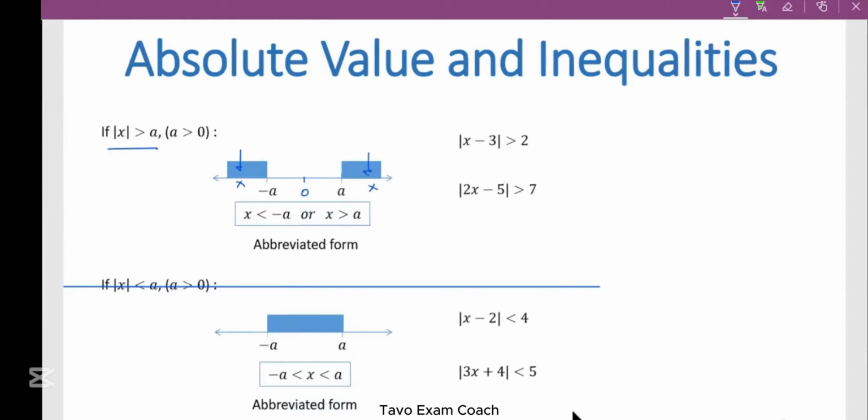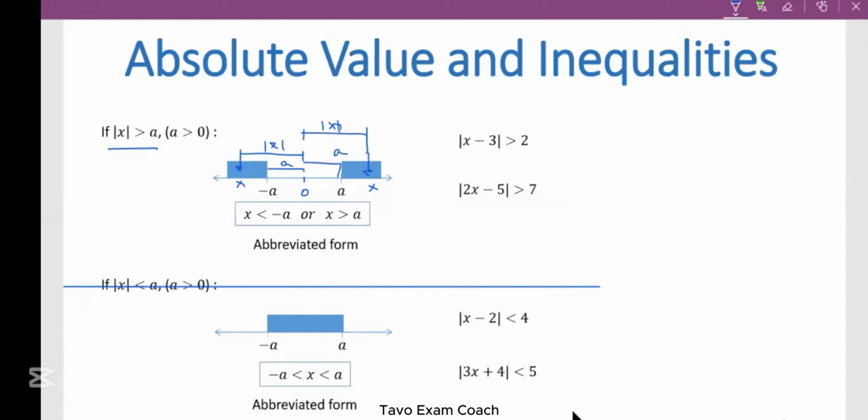You can see that the distance from here to 0, that is the absolute value of x, is always greater than a units. Okay? And here, this distance from the number to 0 is always greater than a units, because here a units only gets to this point, right?